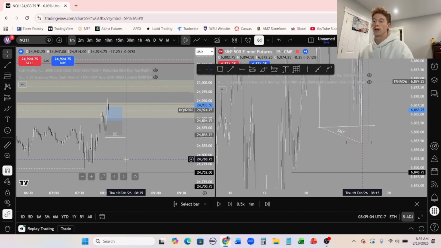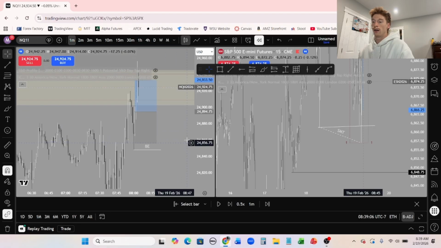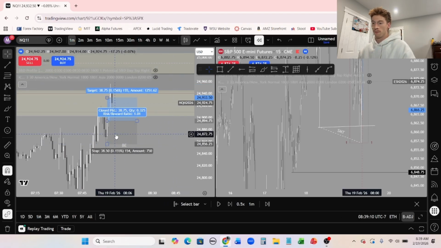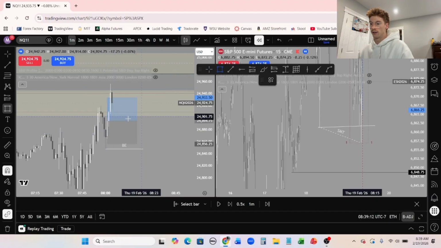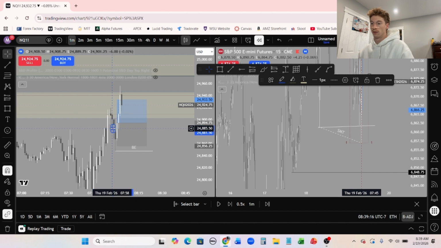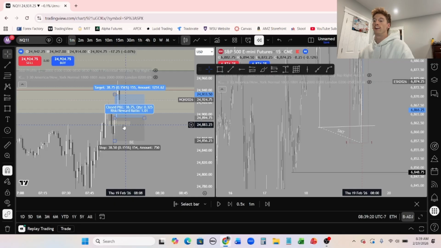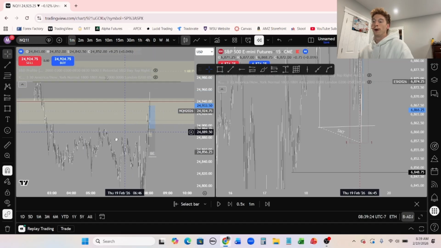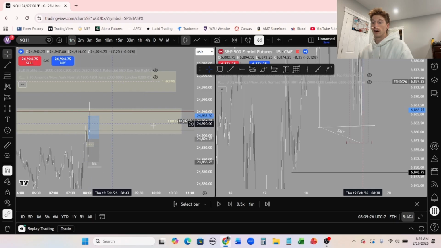But what I saw in a different way was this fair value gap right here, this little one here. Let me try, and there we go. It's small, but this little bearish one got invalidated, and we kept pushing up. And there was a 4-hour gap above us, right?